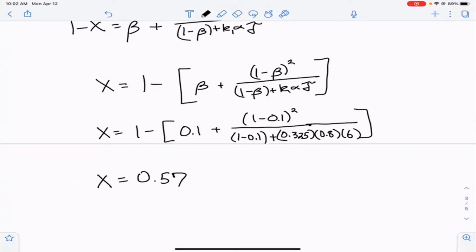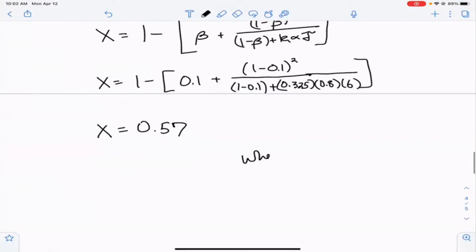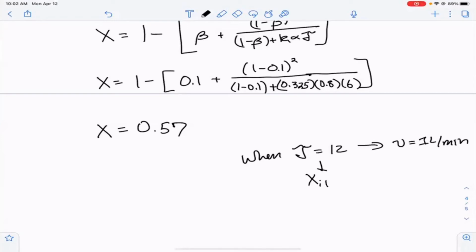Now, I did do the same calculation with a longer residence time. I also solved this when tau was equal to 12, and we could get there either with a larger reactor, or with a different flow rate. So in this case, let's just do that, where that was just 1 liter per minute. In that case, the ideal was equal to 0.8, and we'll call this X real.